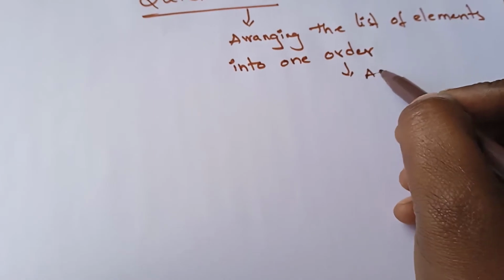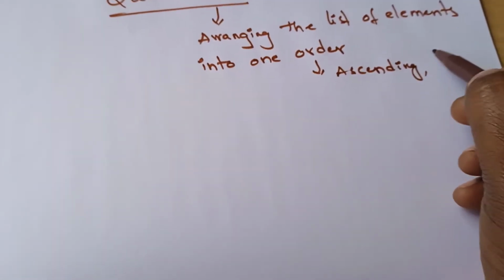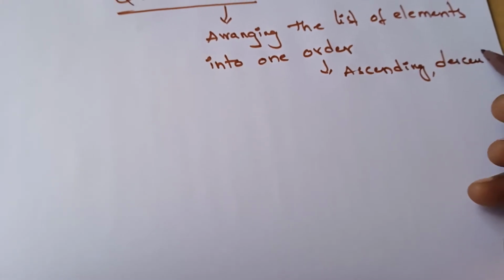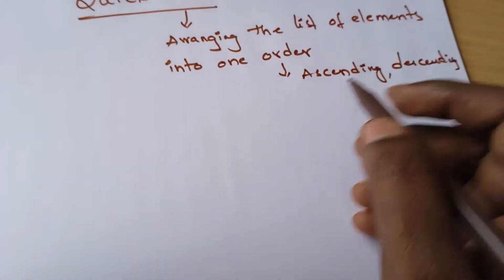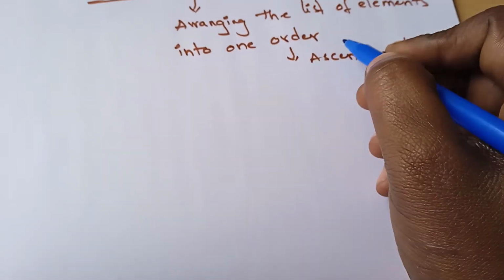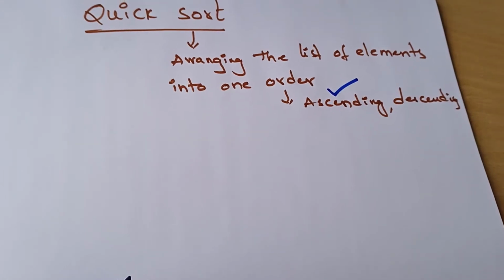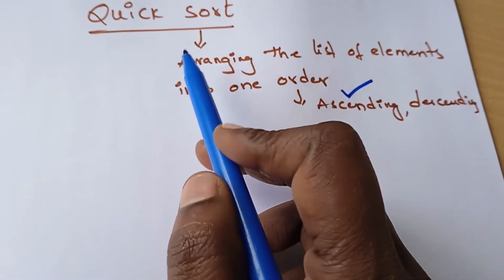This order may be ascending order or it may be descending order. Now I'm going to explain how to arrange the elements in ascending order. So this is the idea of sorting.